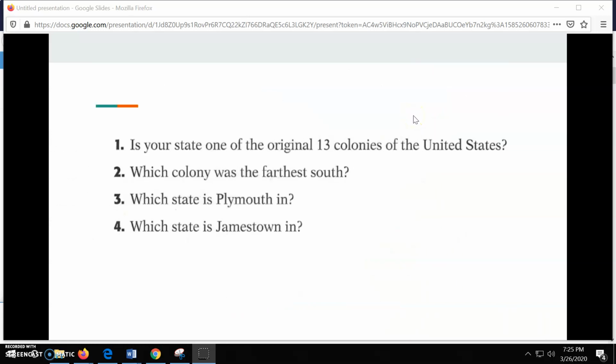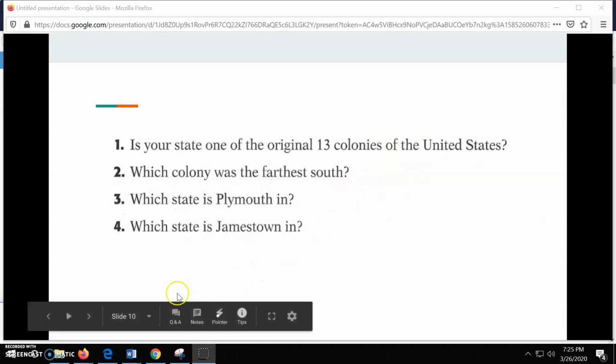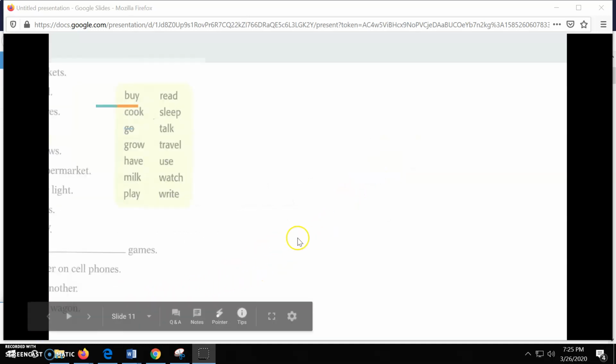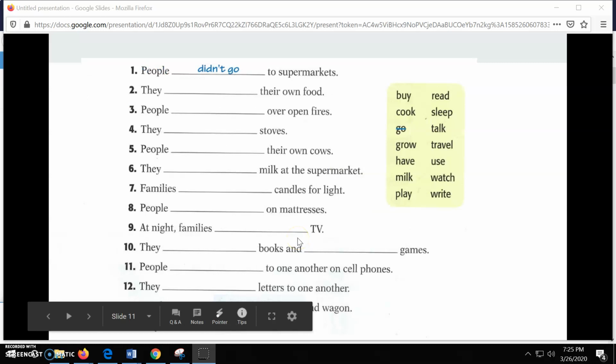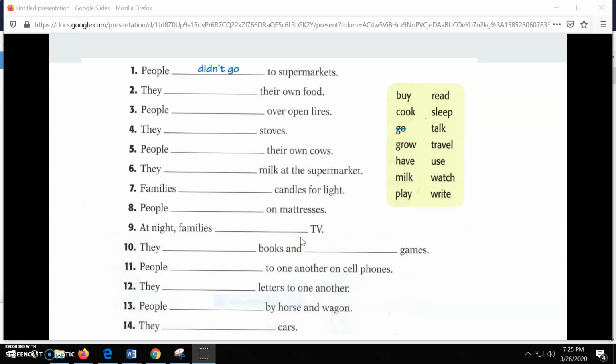So think about these 4 questions for a moment. You can pause the video. Okay, so this activity has to do with practicing writing verbs in the past tense, either in affirmative sentences or in negative ones.